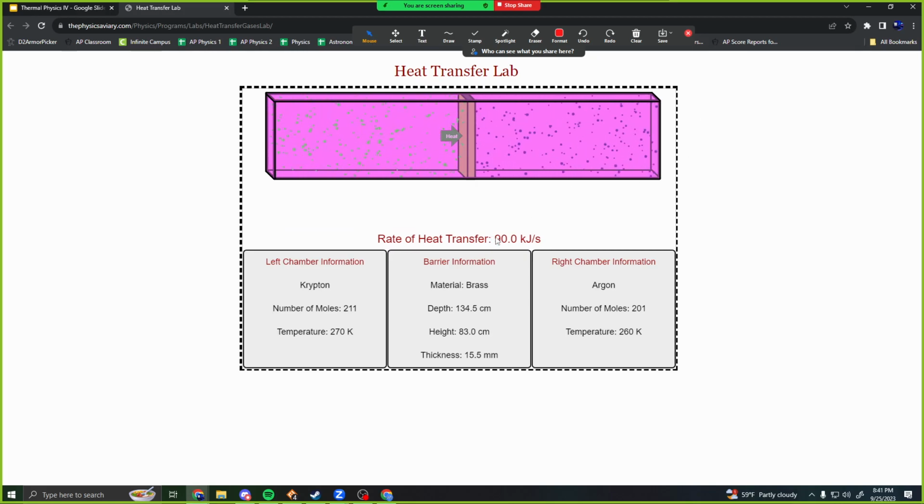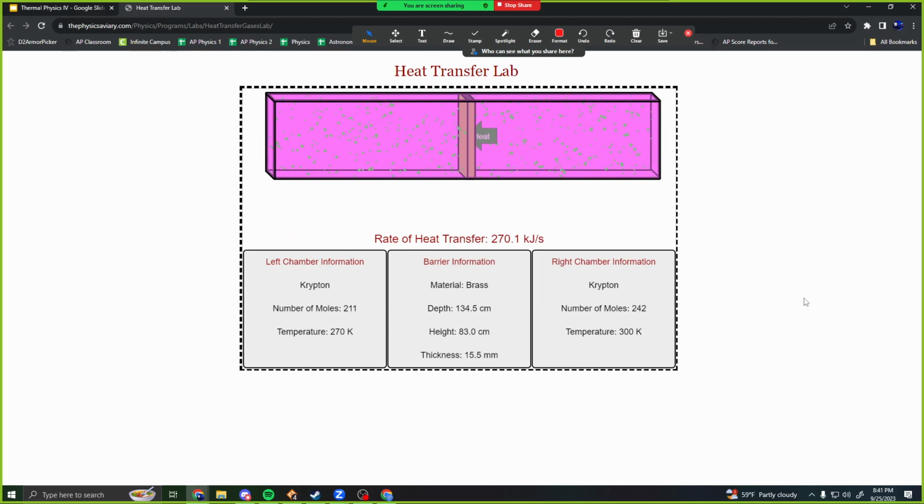And you can see that the rate of heat transfer here is 90 kilojoules per second. So if I start clicking things here, and if I up the temperature, you can clearly see that heat is now transferring from the hotter krypton to the cooler one.